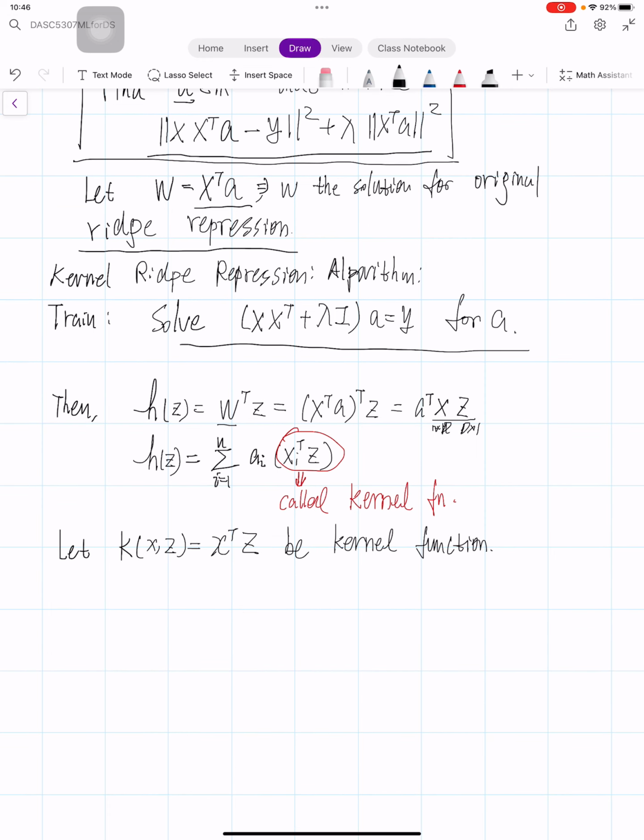And we'll denote K to be a matrix, which equals X transpose. So it is a kernel matrix, an n by n kernel matrix.